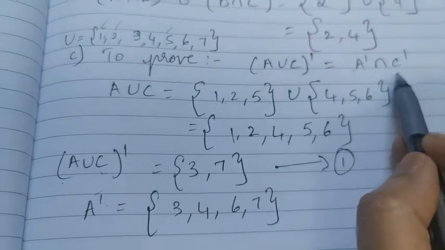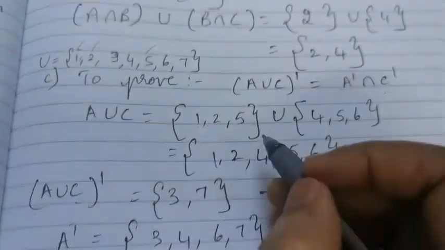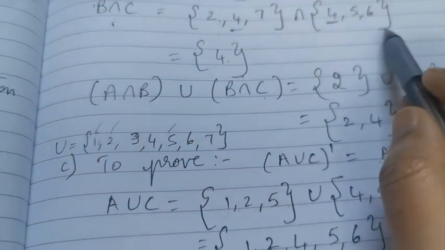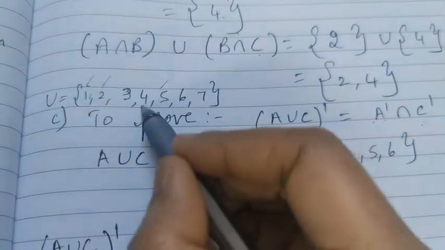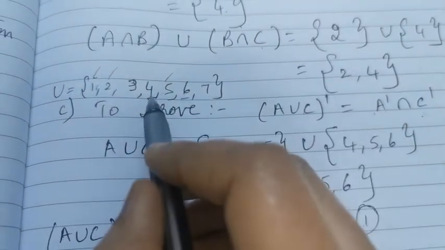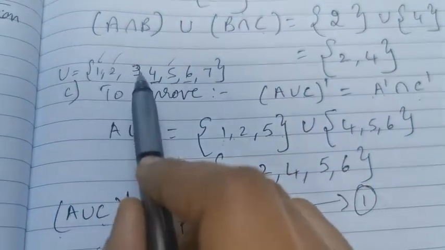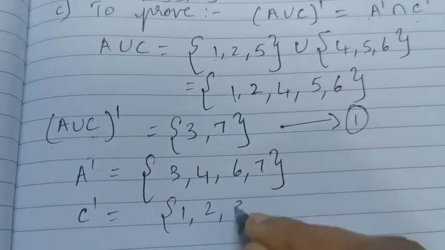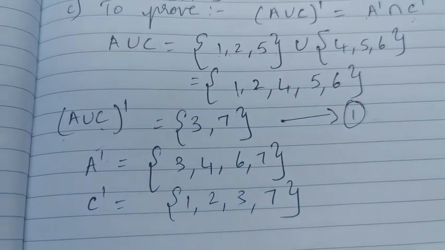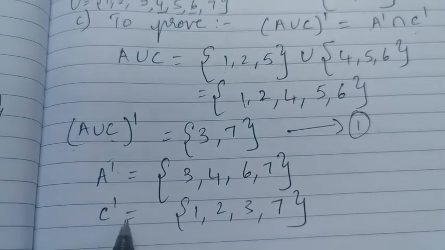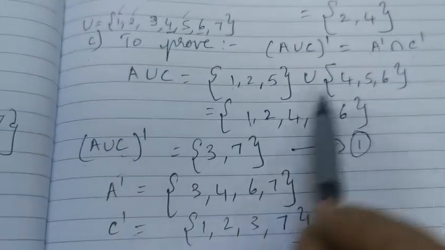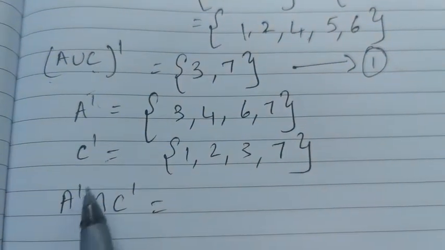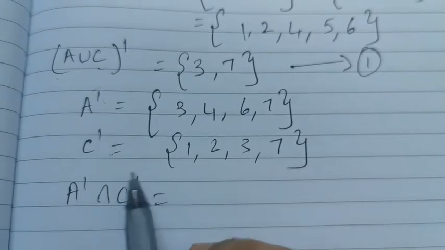Next, I will have to find C complement. The elements of C are 4, 5 and 6. So I will remove 4, 5 and 6. When I remove them, I have 1, 2, 3 and 7. Now I got my A complement and C complement. I have to find the intersection between them. So A complement intersection C complement.